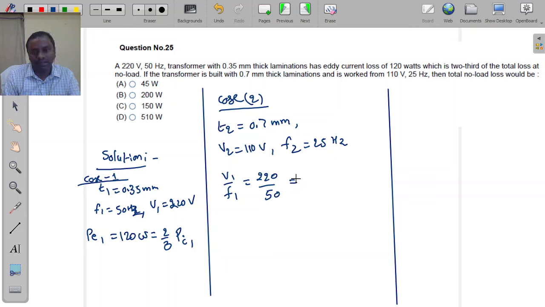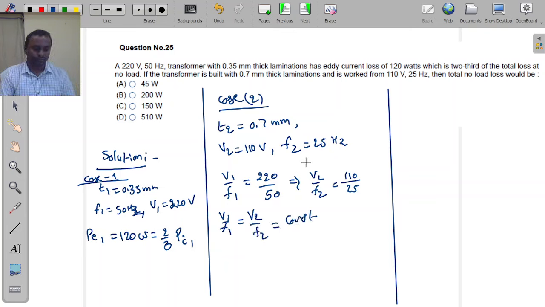Similarly, V2 by F2 is 110 by 25. From this, V1 by F1 equals V2 by F2, which is constant. That is proportional to Bmax. V by F is proportional to the Bmax.